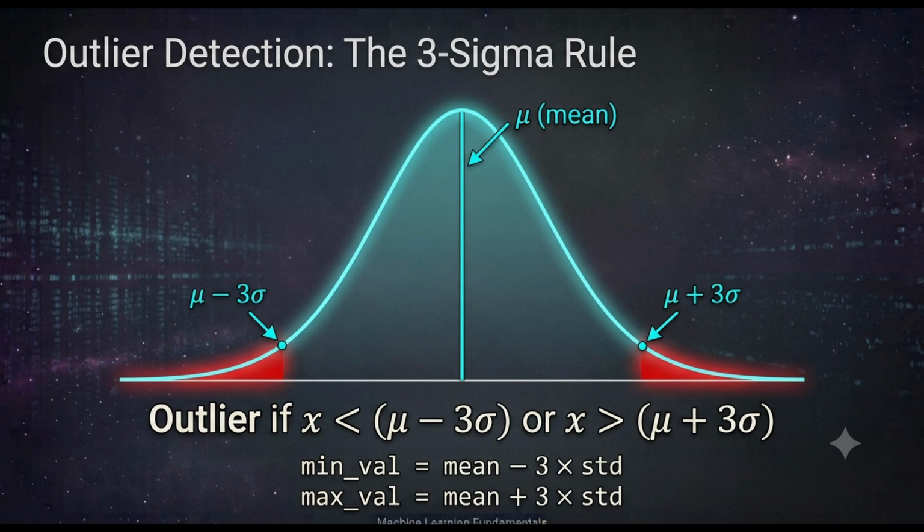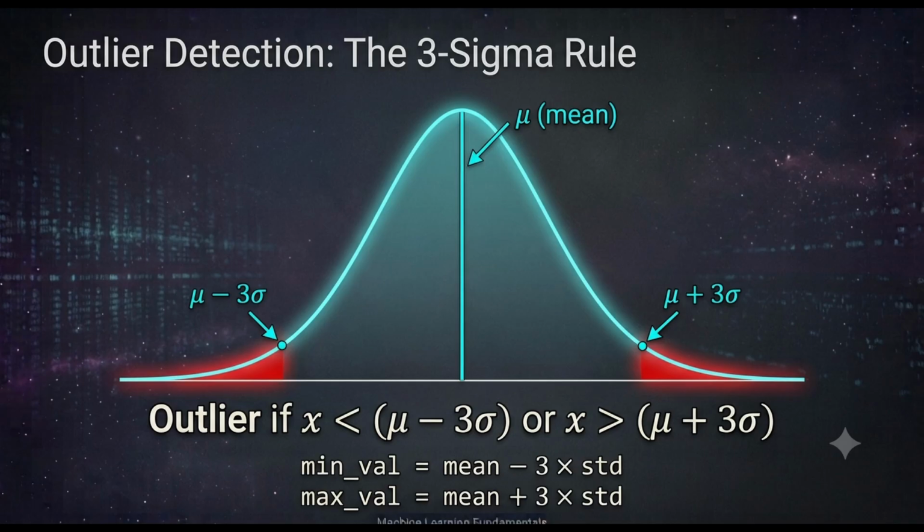So how do you decide, objectively, what counts as unusually large or small? The classic method assumes your feature roughly follows a normal distribution, that familiar bell-shaped curve. If it does, then you can use a beautifully simple rule of thumb.